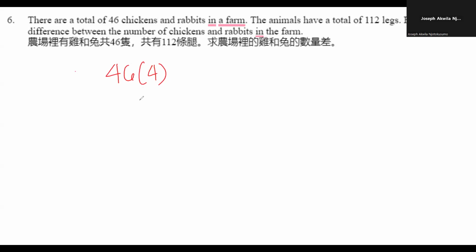Then we divide by 2, and then you find the number of chickens.